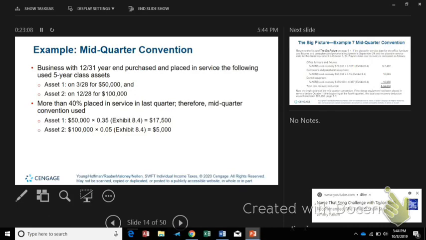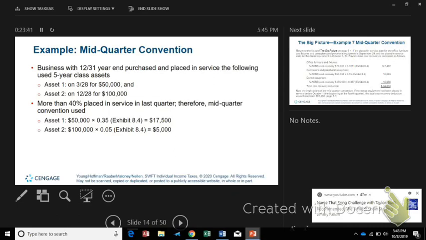And so you're actually going to use two different numbers. Which numbers do you think you're going to use? How can we guess? Well, I said you're using 5-year property. So are you going to use the one that says 3-year? 5-year? Yes. You're going to come to this chart. You're in your first year because you just bought the equipment. So year 1, you bought $50,000 in the first quarter.